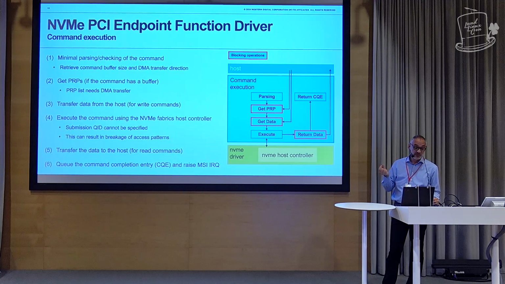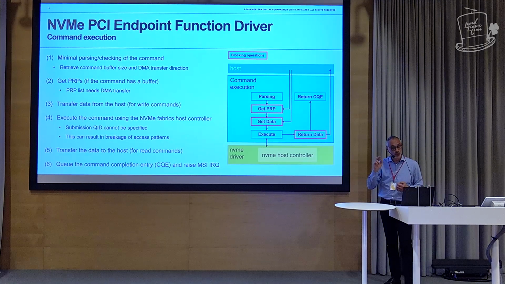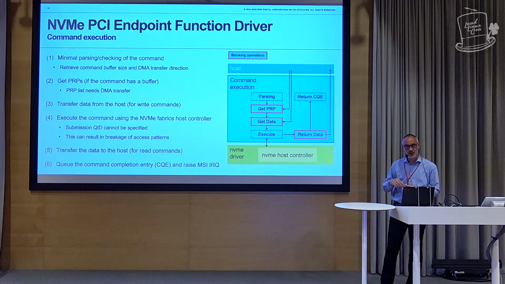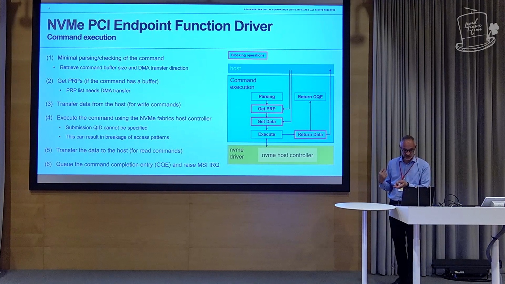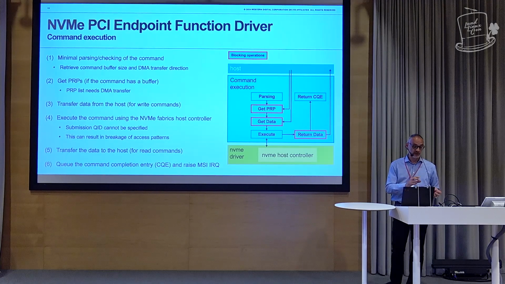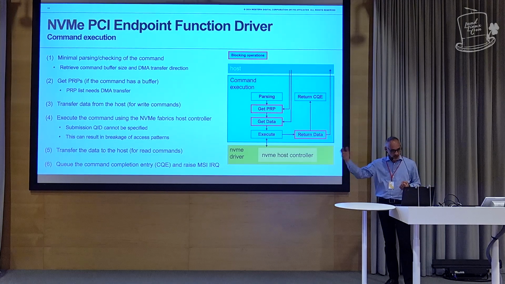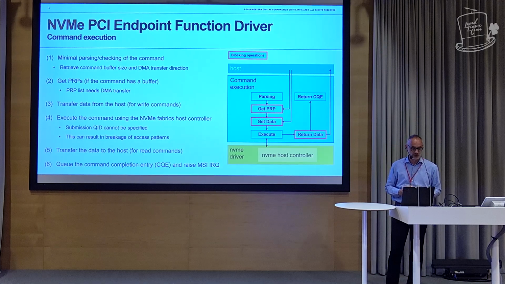We do very minimal parsing and checking of these commands. We need to look at the command still, because we need to be aware if it's a read or write to know when we have to do data transfer. Second thing we do is get the PRPs, which are the descriptors of the command buffers, so that we know where on the host over the PCI we have to access data or send back data.